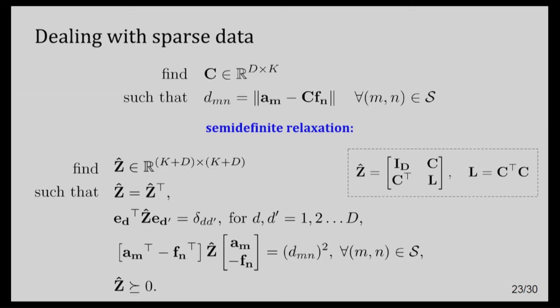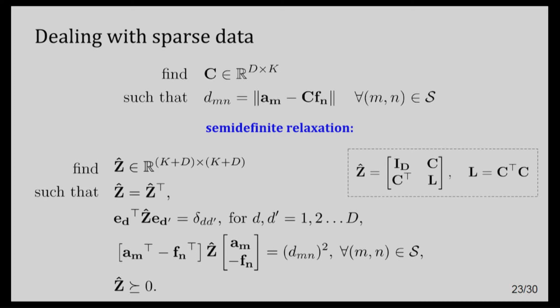And we use this trick where we replace the quadratic term in C by a new variable L, which is here in the bottom right corner. And then we try to optimize for Z. So this is a relaxation of the original problem.